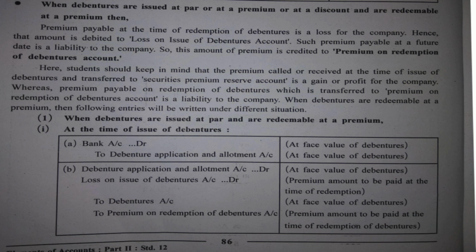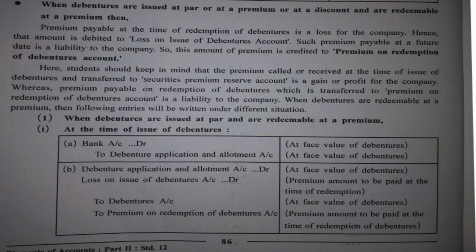What you are supposed to do is understand while I am explaining this, and you should memorize these journal entries along with the given situation. What is the situation here? Debentures are issued at par and redeemable at premium. During that time, the journal entry for issue of debentures is the one presented on your screen.